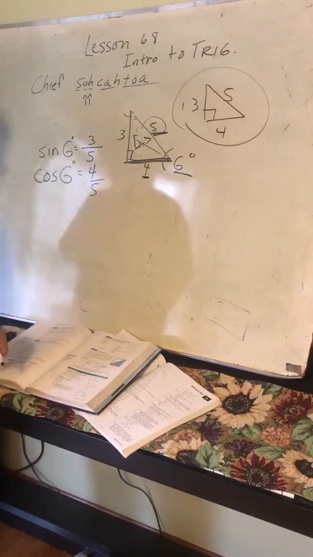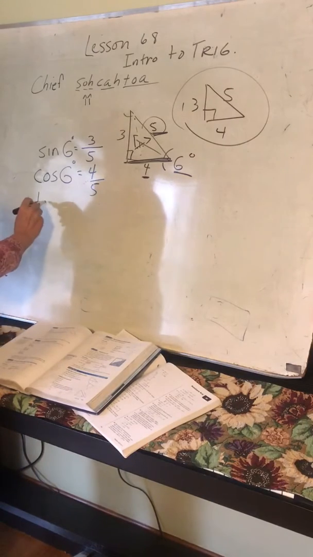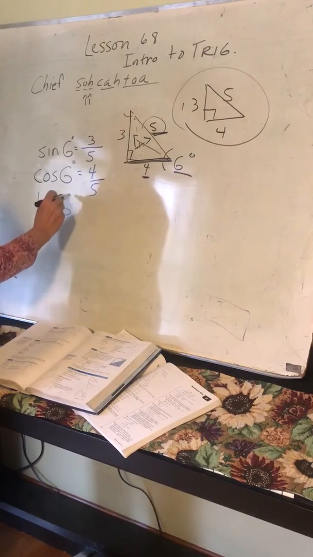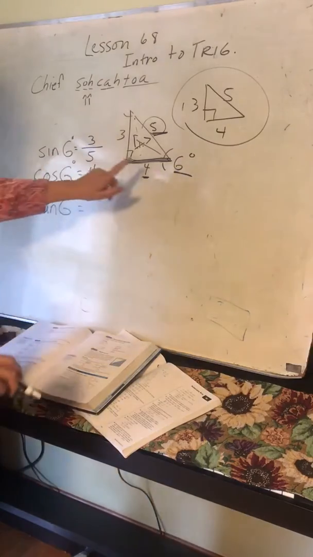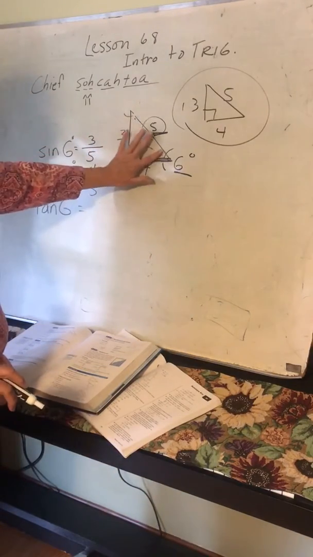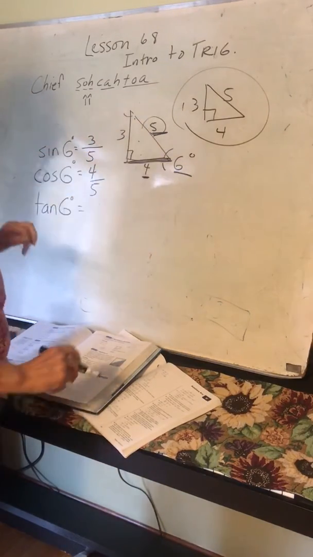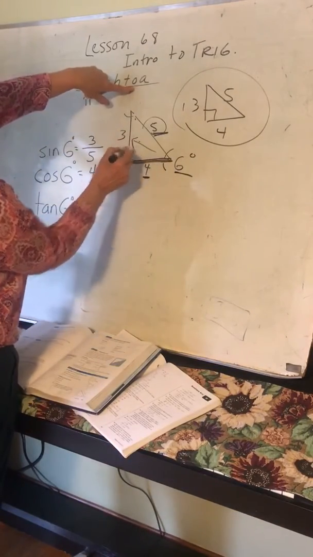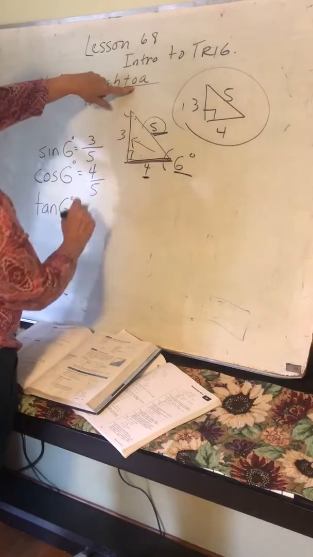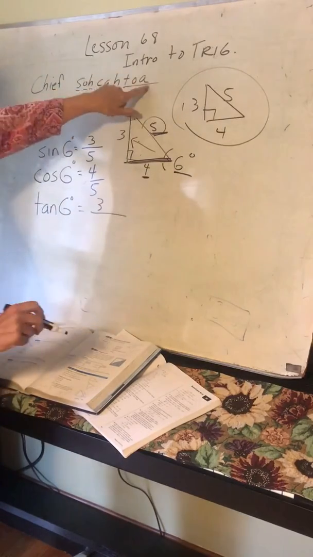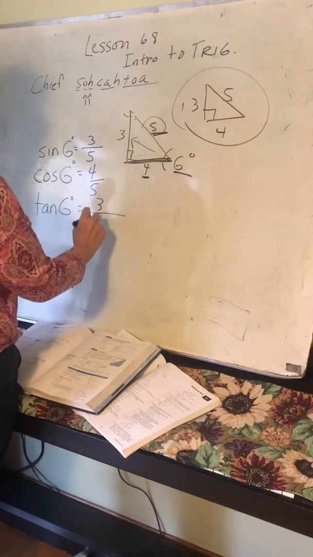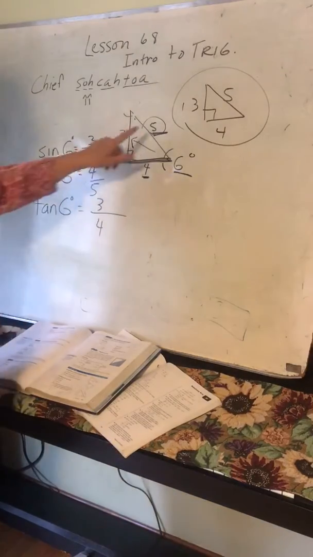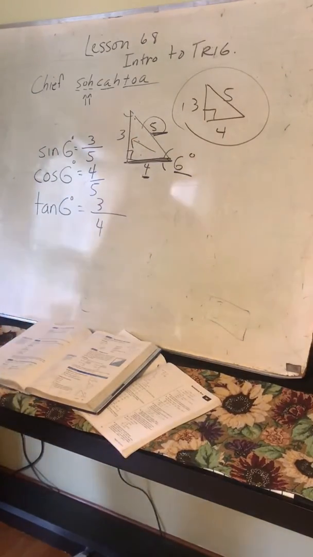So then if you want to use tan of G degrees, we're going to use the opposite, which is 3. The opposite to G is 3. And the adjacent is 4. Not 5, because that's the hypotenuse.